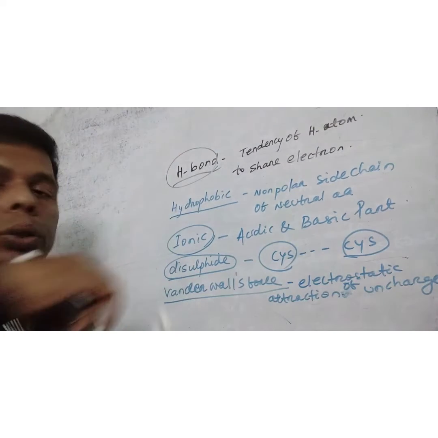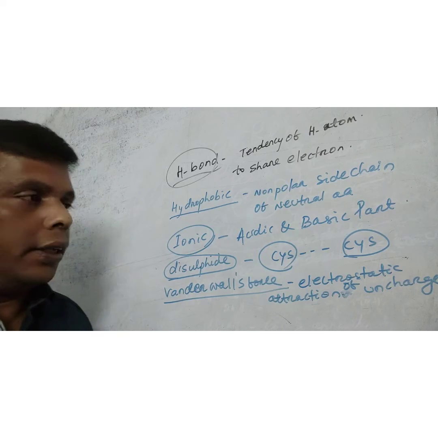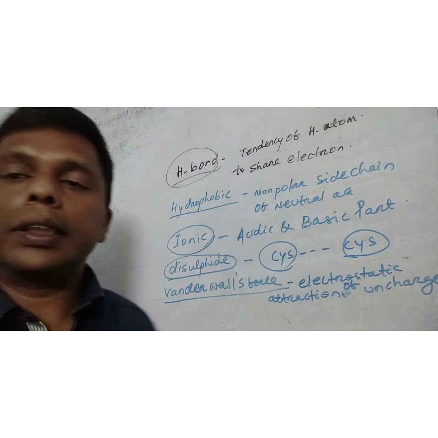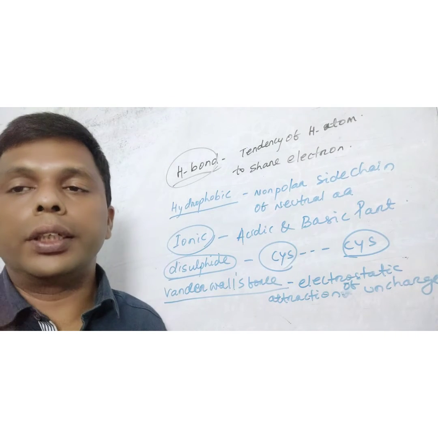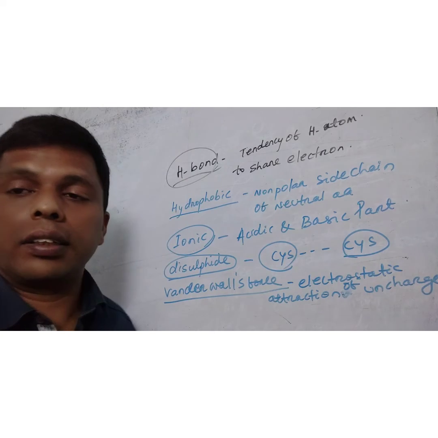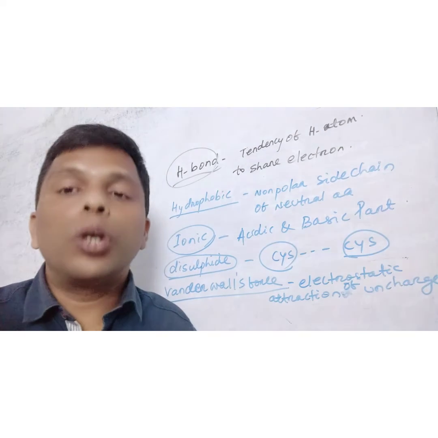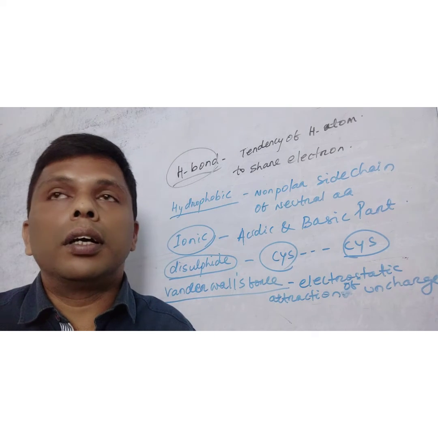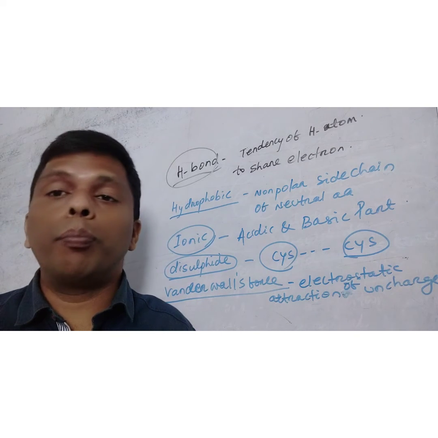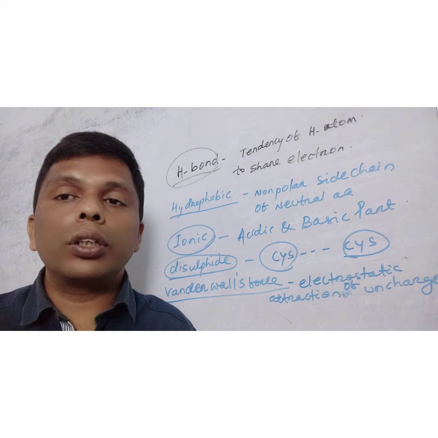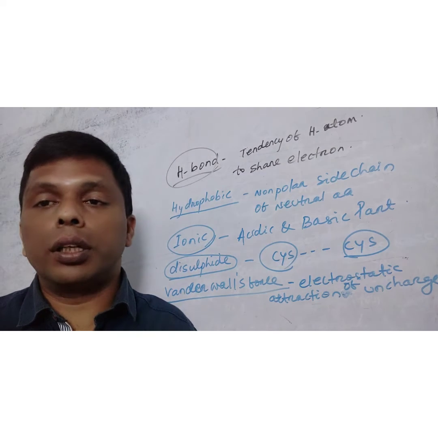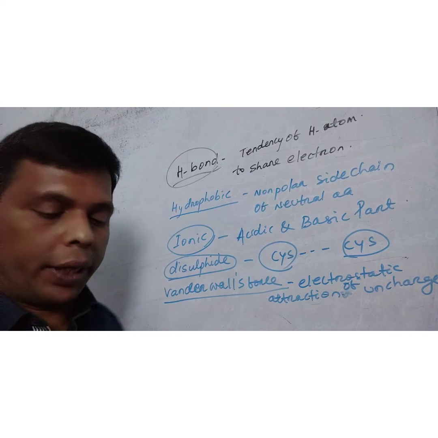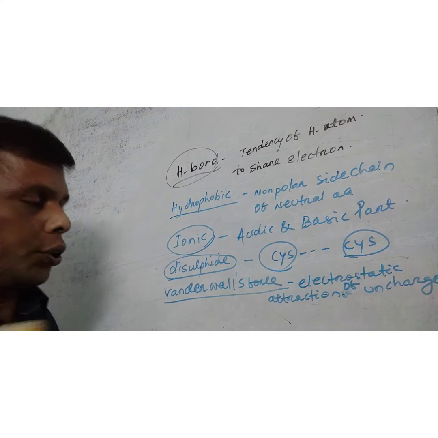Okay, so these are the different types of forces which help in stabilizing the tertiary structure. This tertiary structure is represented by, for example, myoglobin, the oxygen carrying molecule in muscles. Myoglobin represents this tertiary structure.